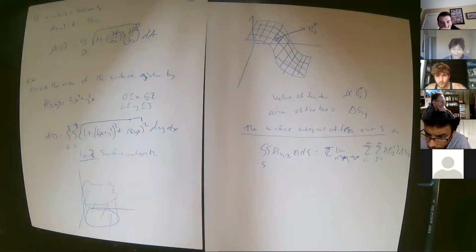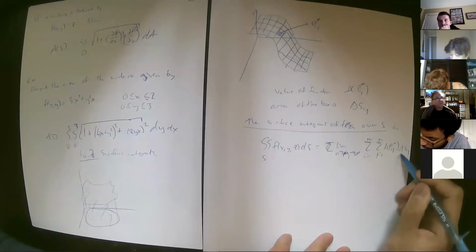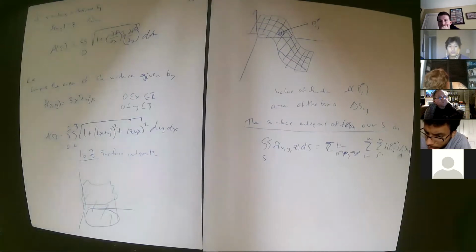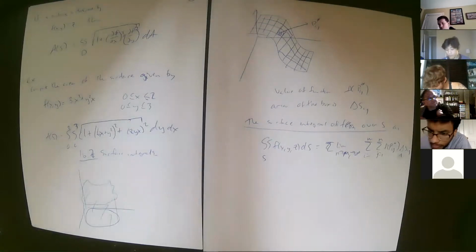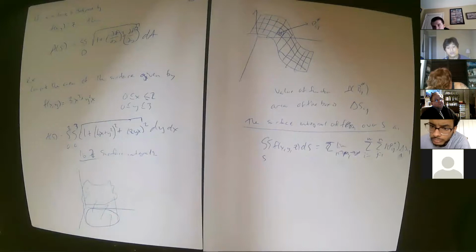So how do I compute this thing? This is a tricky thing to compute. This is going to be the area of that parallelogram. And how do we compute the area of that parallelogram? Magnitude of the cross product, right?